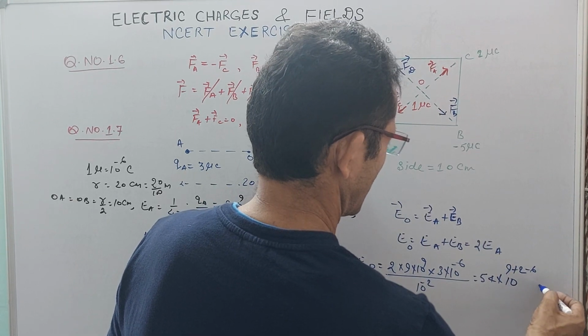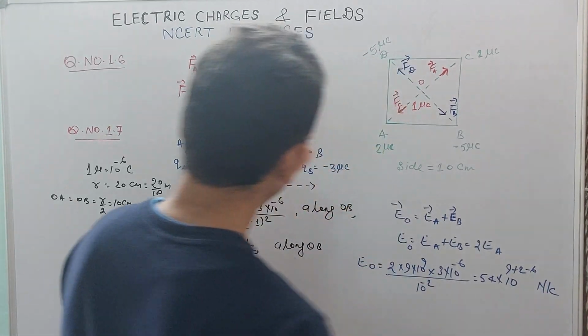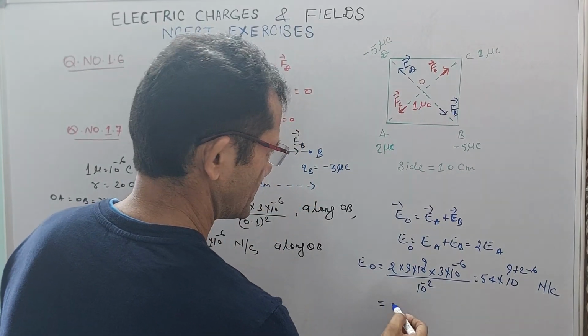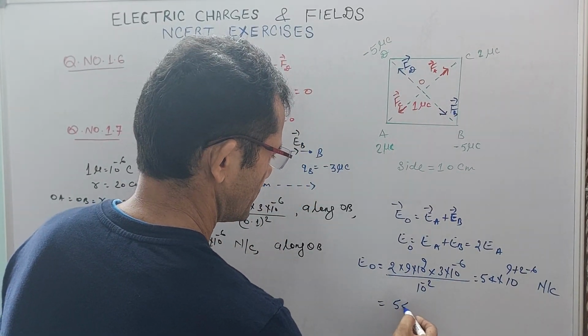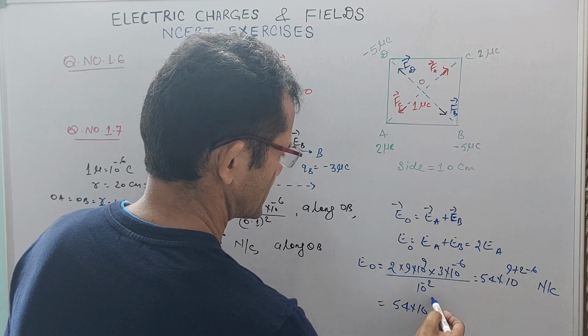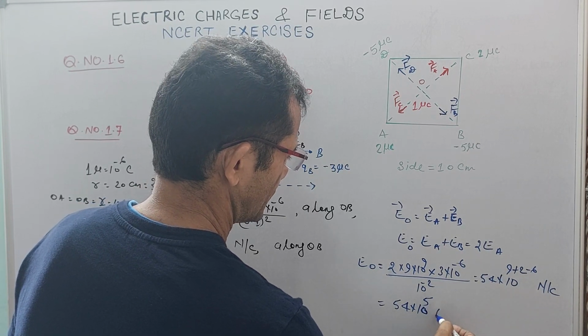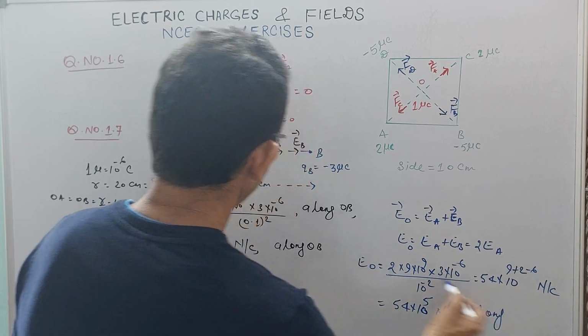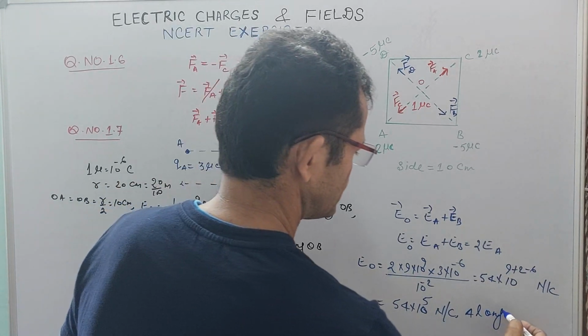Finally the value becomes 54 into 10 raised to the power 5 Newton per coulomb, and the direction will be along AB.